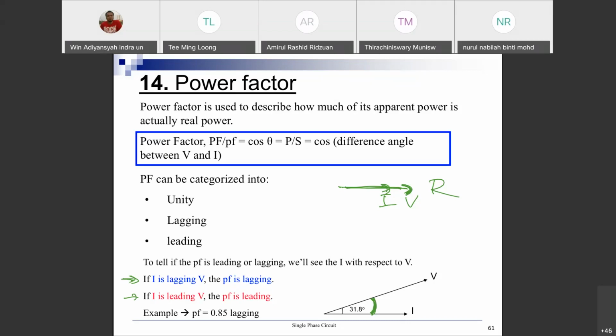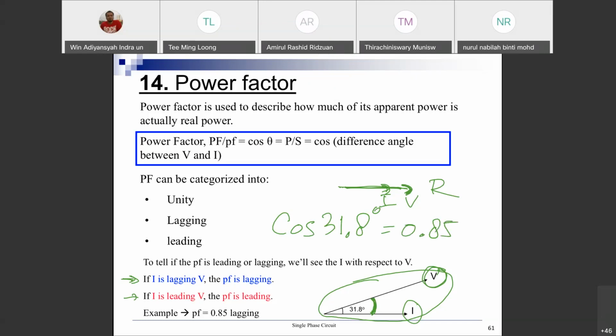Okay, what about this one? I lagging V because V here is above I. So V leading I or I lagging V. So PF is lagging by 0.87. 0.87 is from cos 31.8 equal to 0.87.